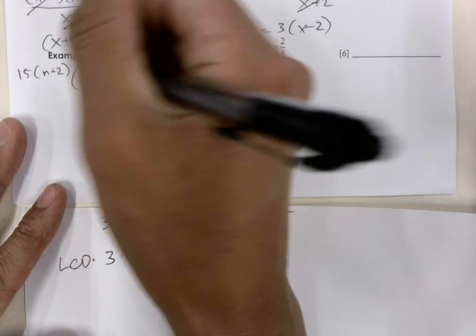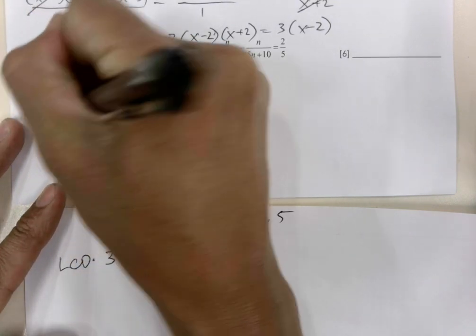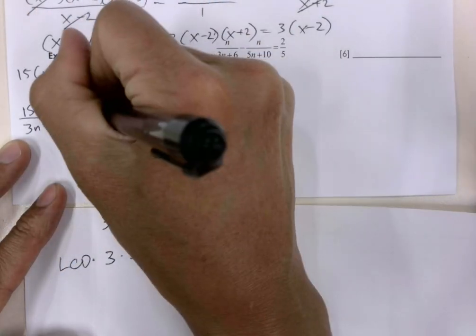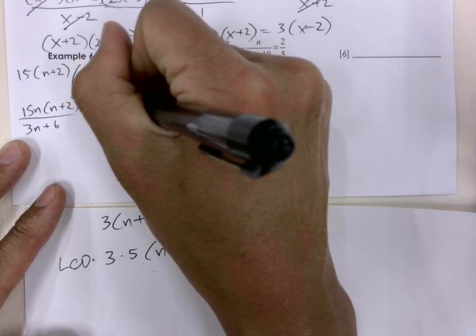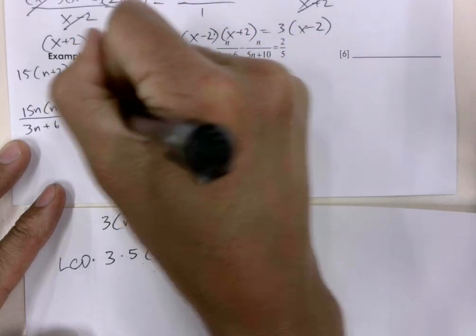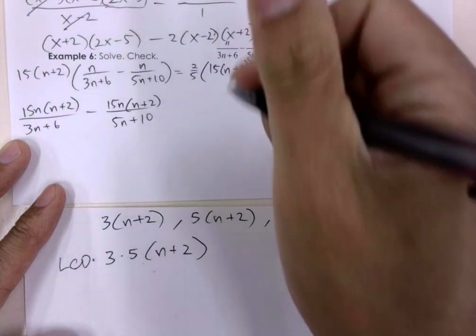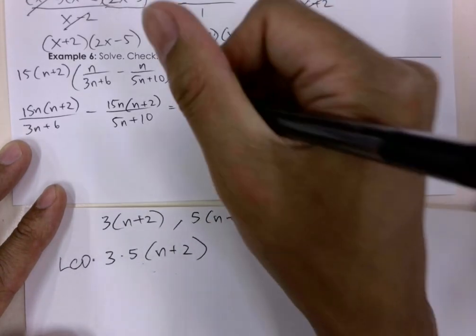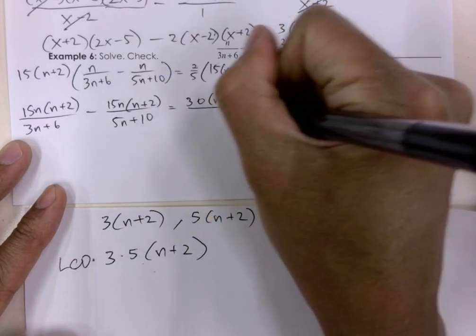So what we're going to get is 15n times n plus 2 over 3n plus 6 minus 15n times n plus 2 over 5n plus 10 is equal to, now here is going to be 2 times 15, so it's going to be 30 times n plus 2 over 5.